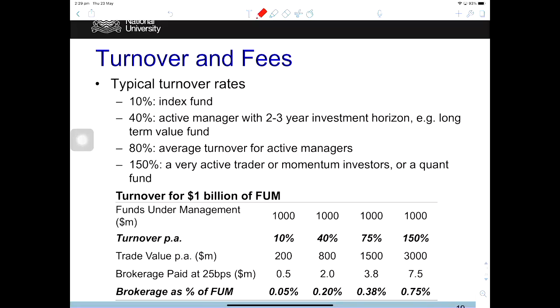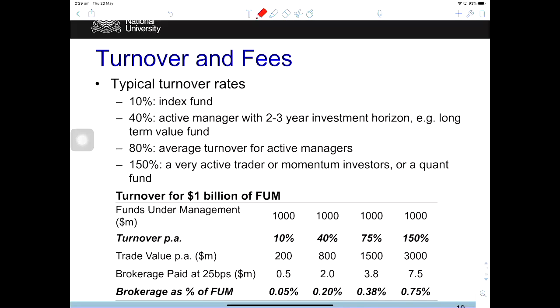With active managers, the turnover is close to 50%. For some other more active managers, the turnover can be 80%, even 100%. And some quantitative managers are extremely active, making a lot of buys and sells. The turnover can be 150%, 200%.